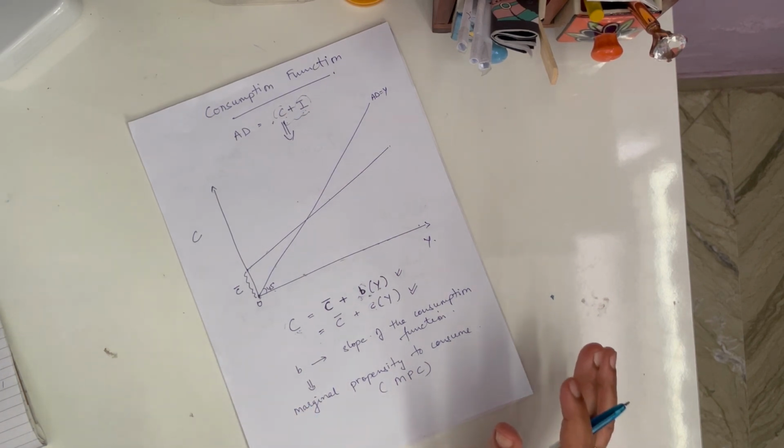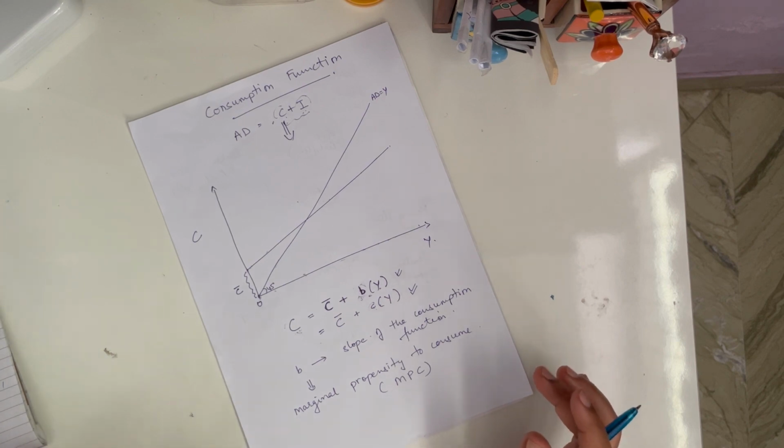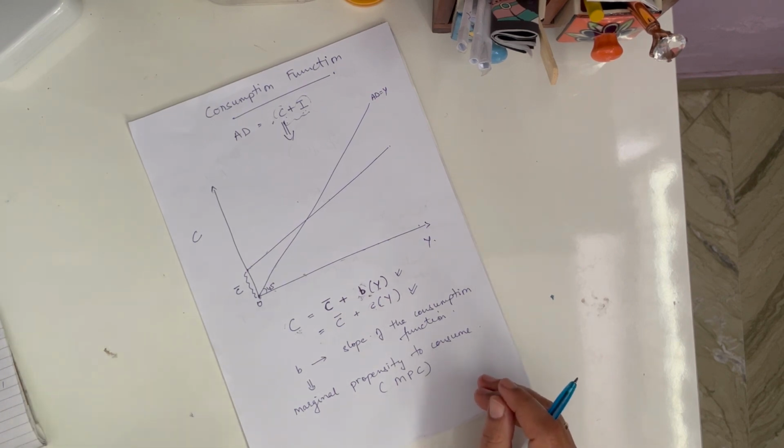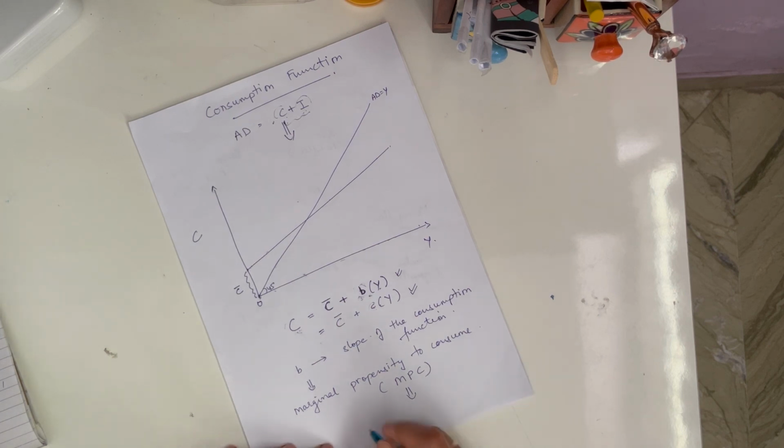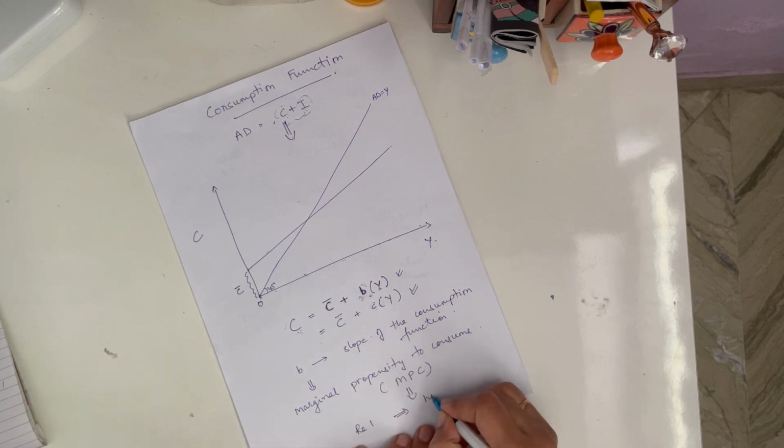So a slope basically tells you the change, right? So slope tells you that if your income increases by a unit, by let's say $1 or 1 rupee, then by how much will your consumption increase? Okay, so I'll repeat that again. MPC is basically the slope. So it tells you that if your income increases by ₹1, then by how much your consumption increases.